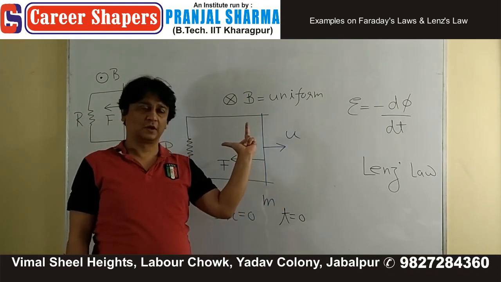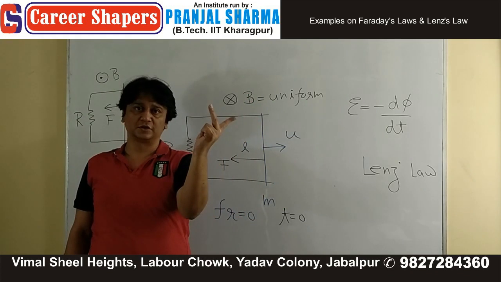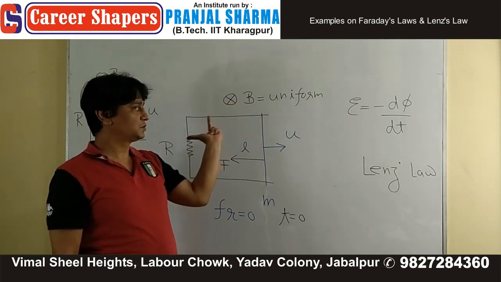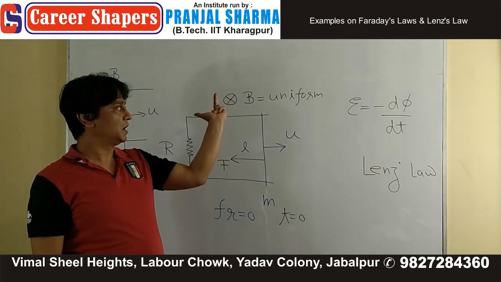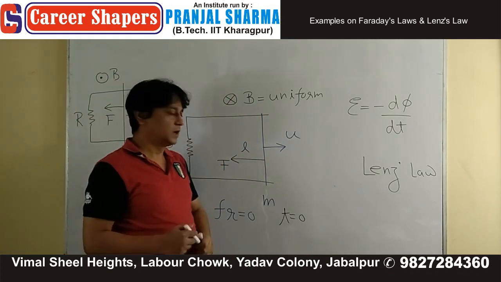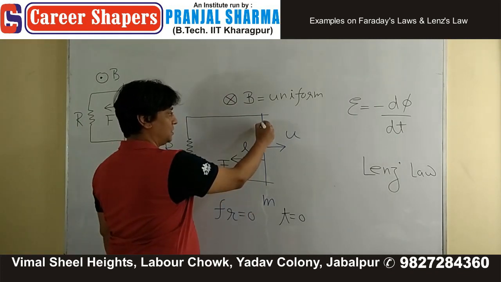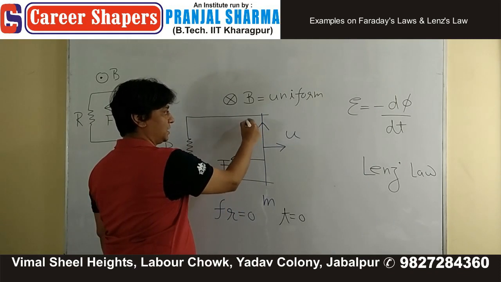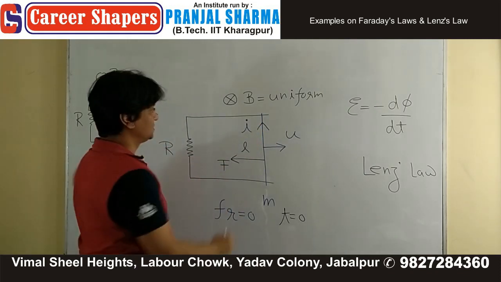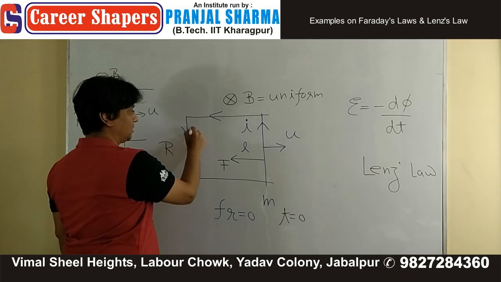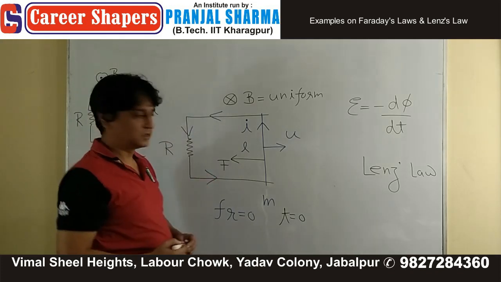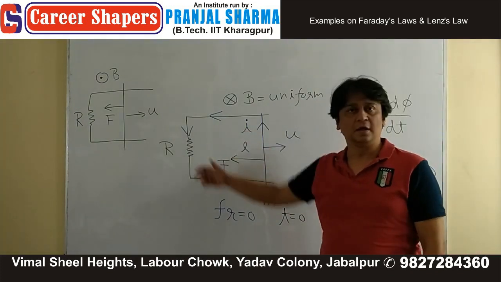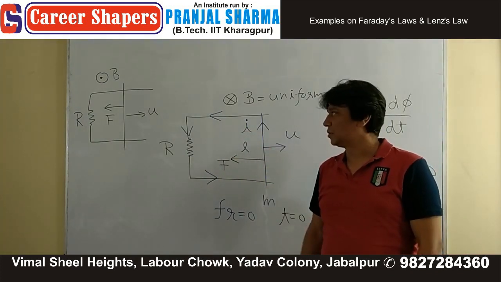Force is this way. That's how you're holding your hand. This is B, this is F. So B is in, force is this way. You can see that current is up. Current which is flowing in the rod is in this direction. This is your I. That means current is flowing anti-clockwise. Direction of current in the circuit is what? Anti-clockwise.